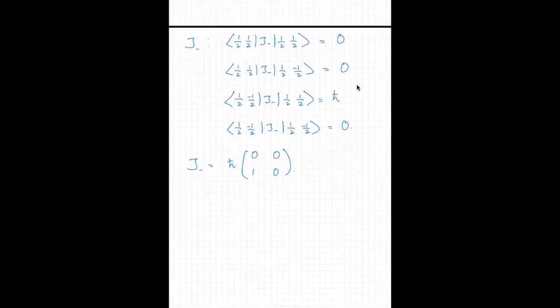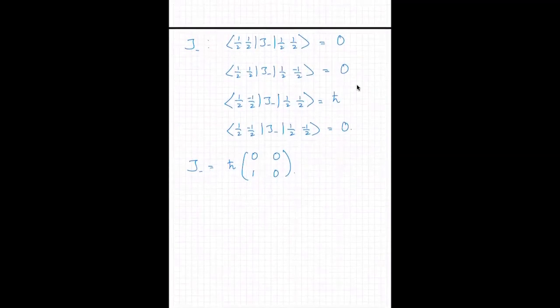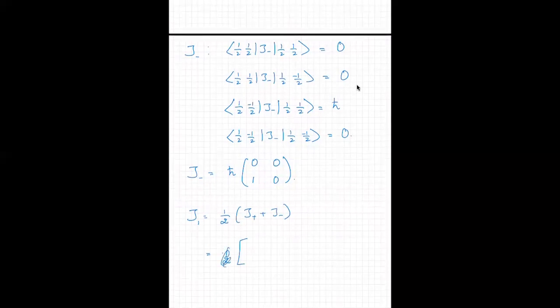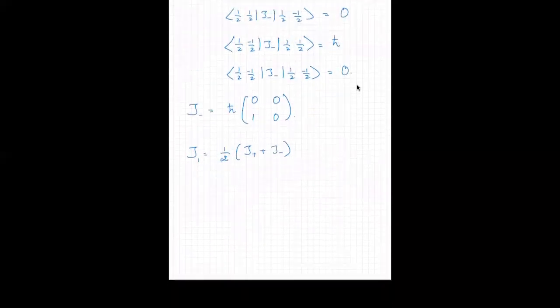So now that I know what J plus and J minus look like, I need to just take linear combinations of these matrices to give me J1 and J2. So J1 is 1/2 of J plus plus J minus. So there is an H bar for both these matrices. So I'll take the H bar out common.